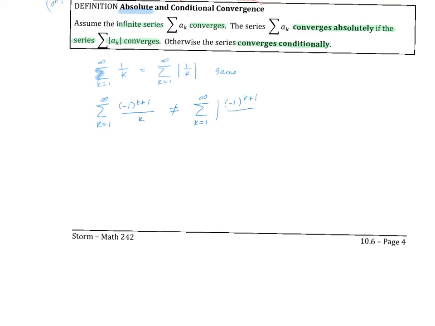When we look at the absolute value, that's actually taking away the negative that alternates. Which is why this theorem is only used for alternating series. So in an alternating series, it can converge absolutely, or it can converge conditionally, or it can diverge.